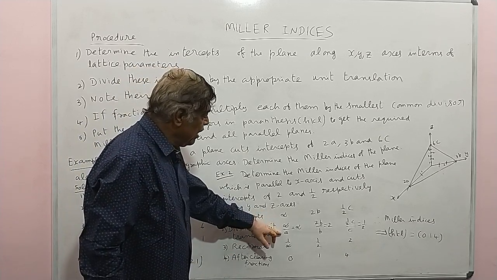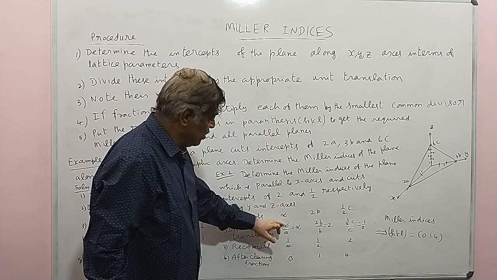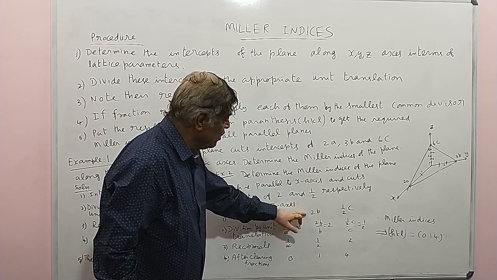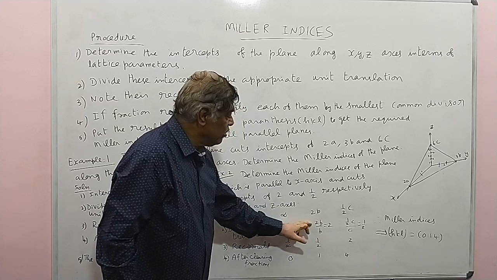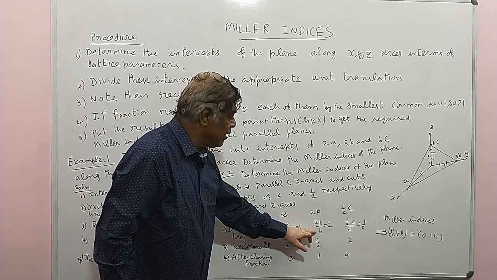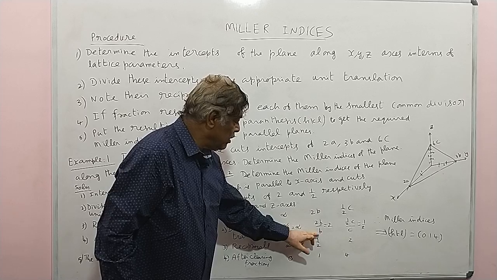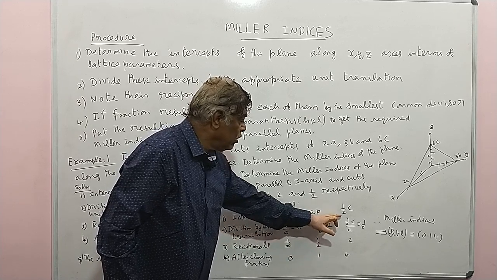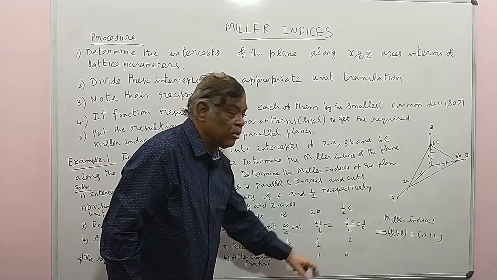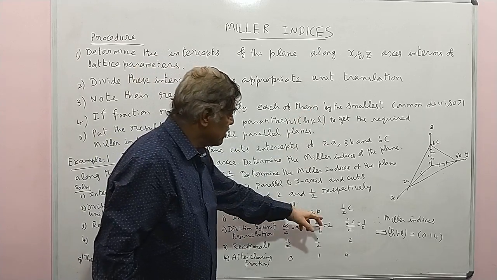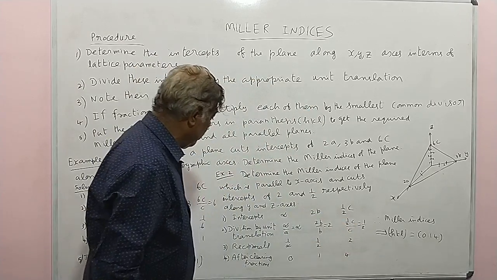Infinity by a is infinity. 2b by b is 2. Half c by c is 1 by 2.